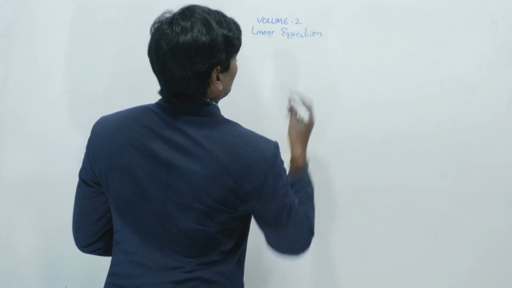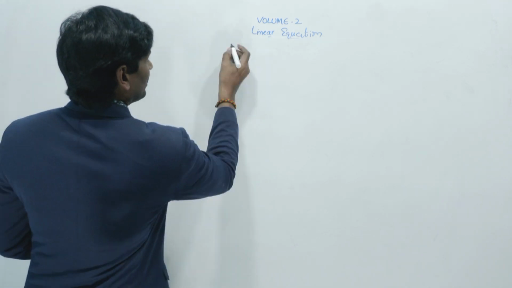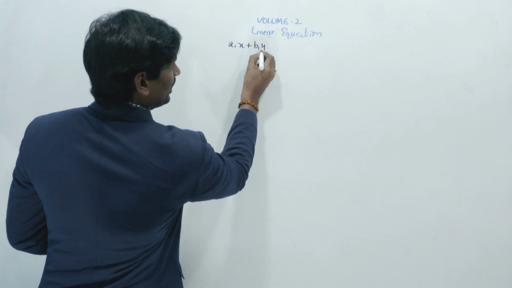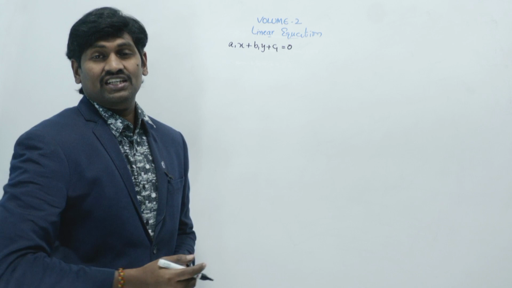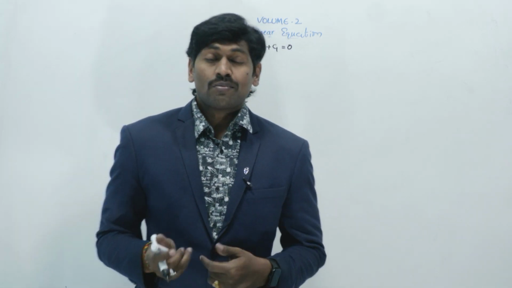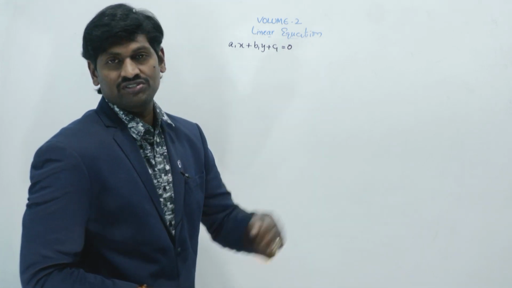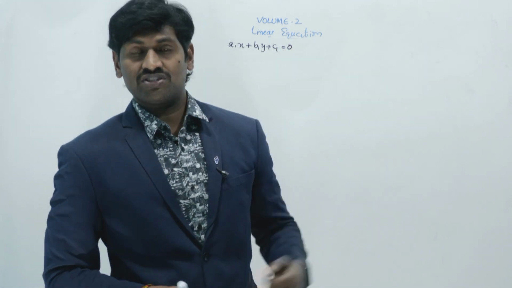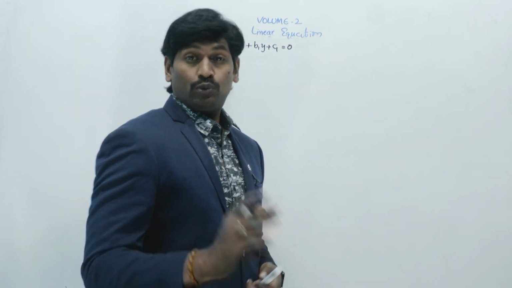So for example, if you take any pair of equations, they are in the form a1x plus b1y plus c1 equals 0. I have given you the general form of linear equation in two variables, that is ax plus by plus c equals 0. But why am I taking a1x plus b1y plus c1 equals 0? Because here I am taking two linear equations.